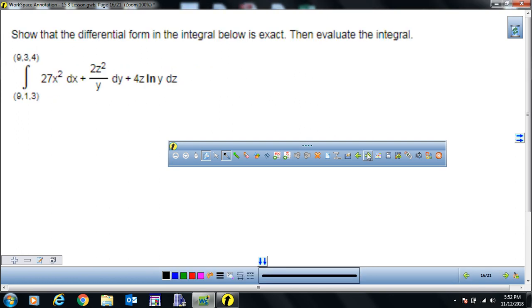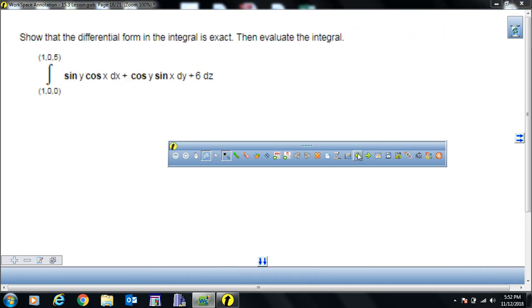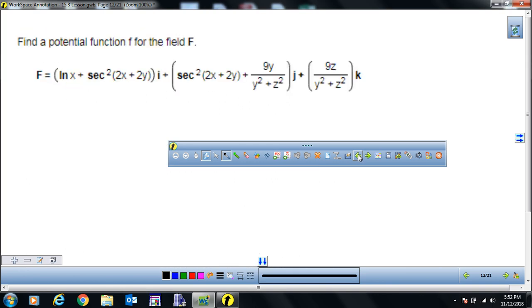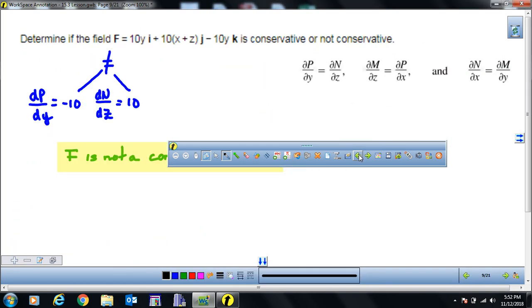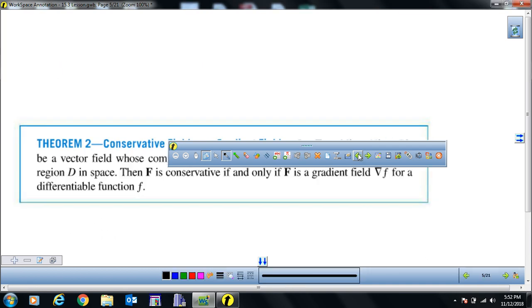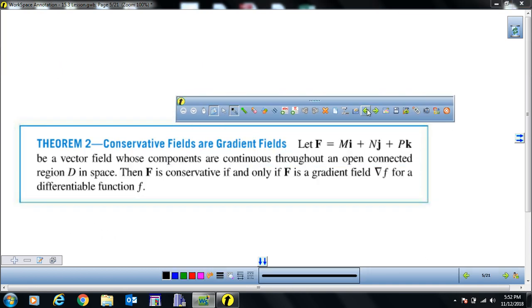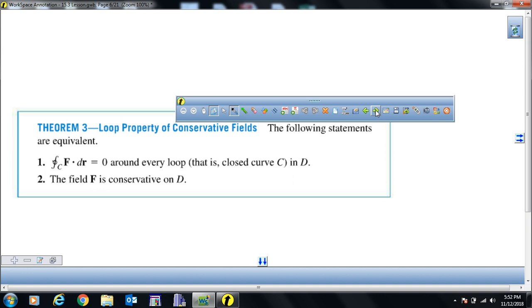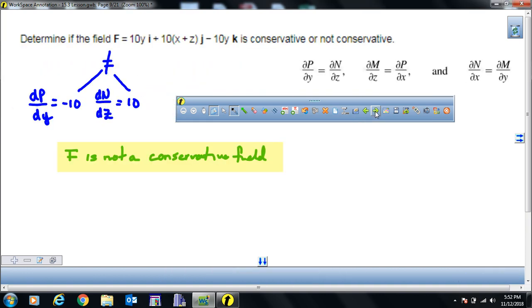And let me see if I can find one definition that I lost. Okay, so I think we're fine.